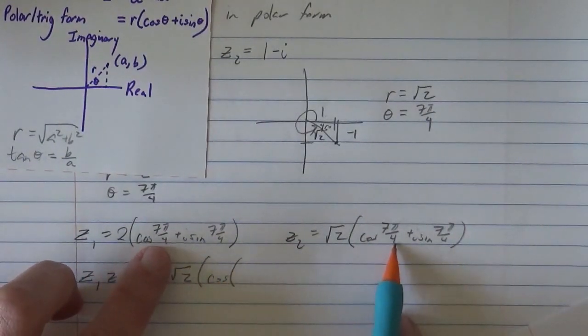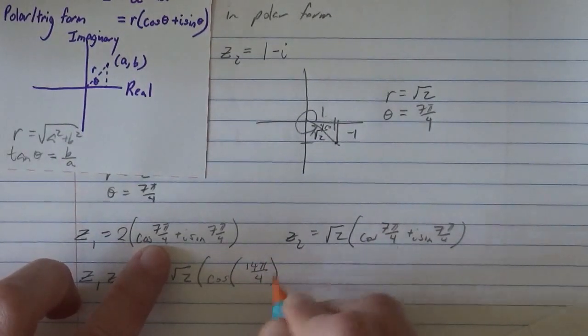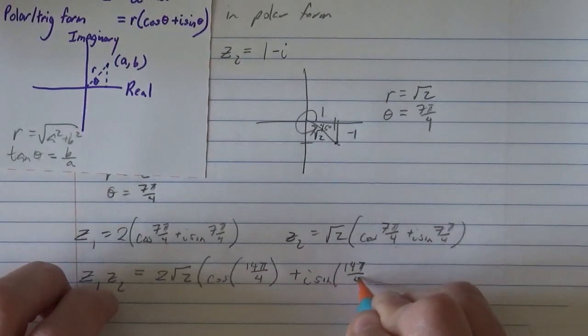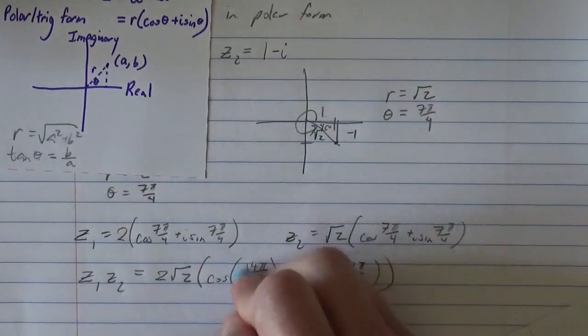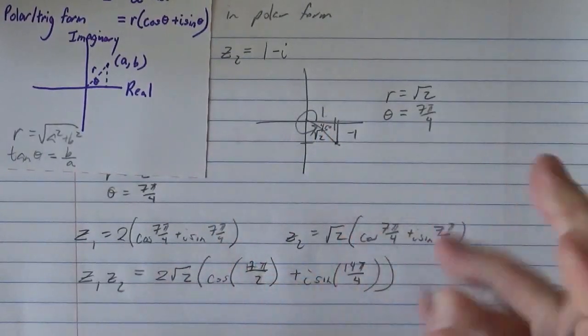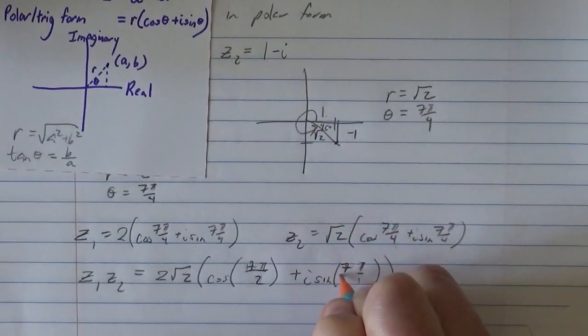So 7 pi fourths plus 7 pi fourths is 14 pi fourths. And plus i sine of the same thing, 14 pi fourths. Now, just to clean it up a little bit, 14 pi fourths is the same as 7 pi halves, just reducing that fraction.